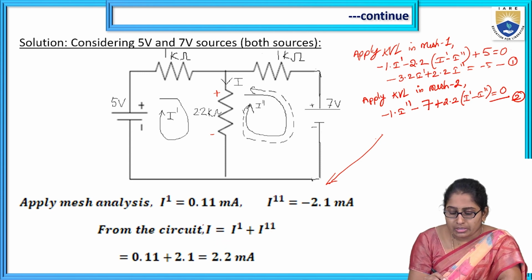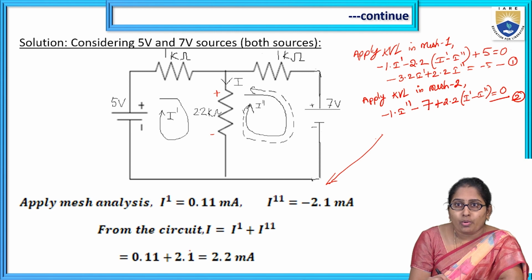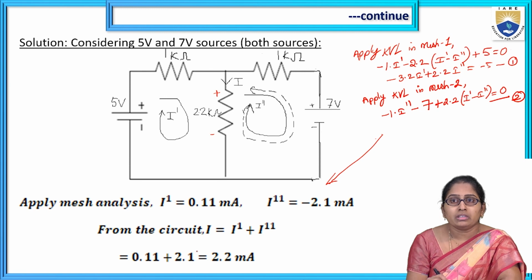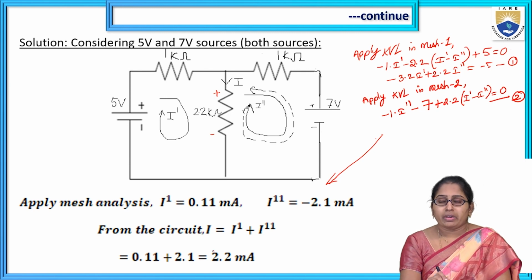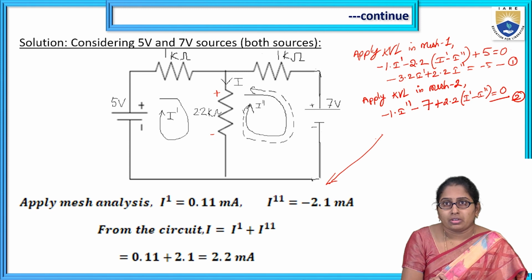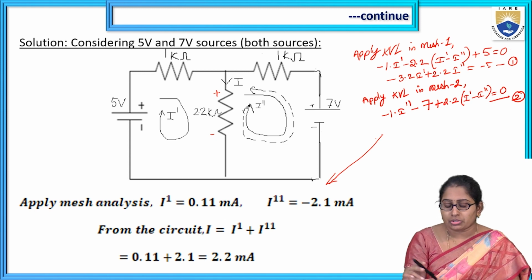So it is I dash plus I double dash, 0.11 plus 2.1, which is 2.21 milliamperes. That is the response in the 2.2k when all sources are in operation.